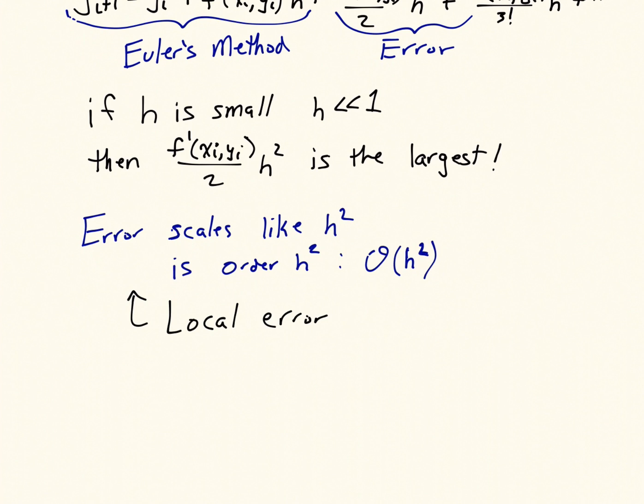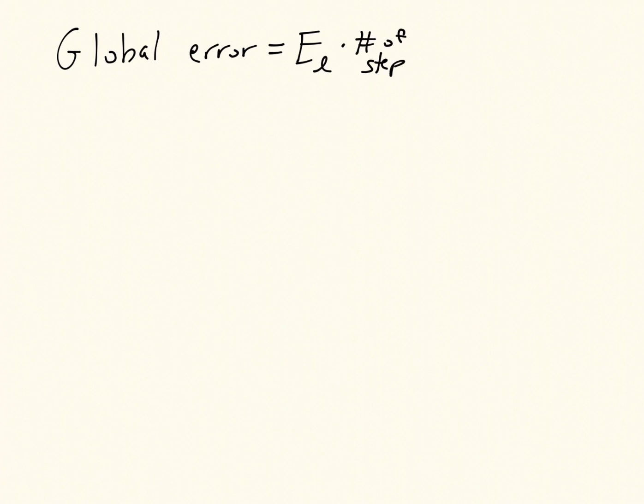How do we get from a local error to a global error? So now we know the local error is order of h squared. Let's figure out how we can get to a global error. So the global error is related to the local error, and it's going to be the local error, let's just call that EL, times the number of steps, because it's the accumulation of error.